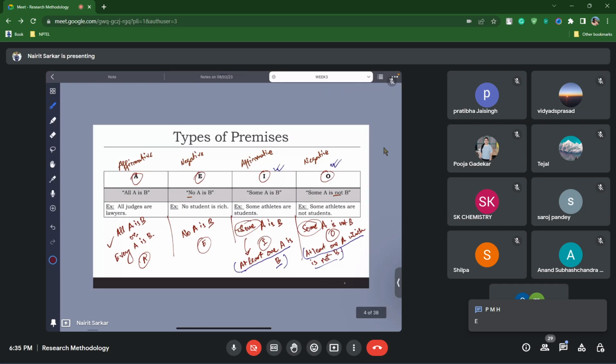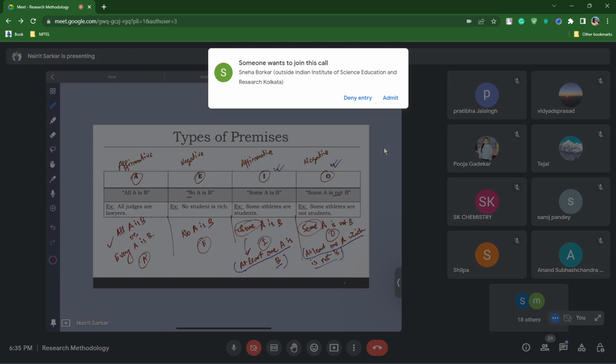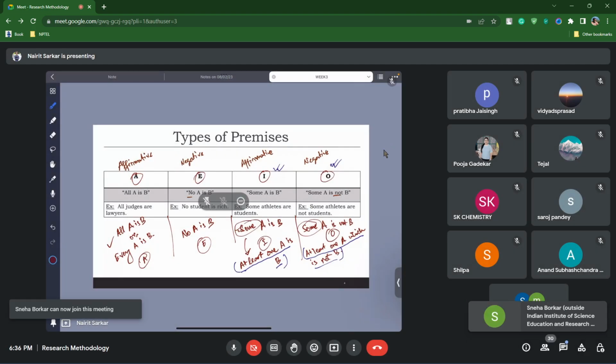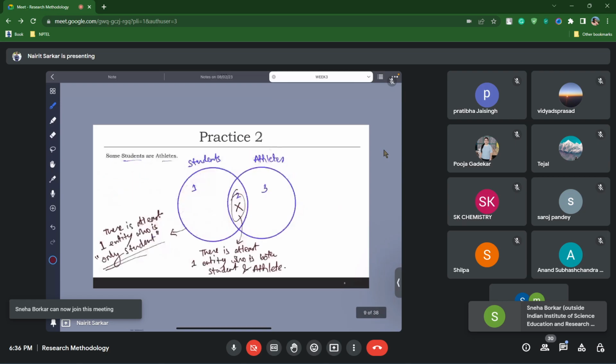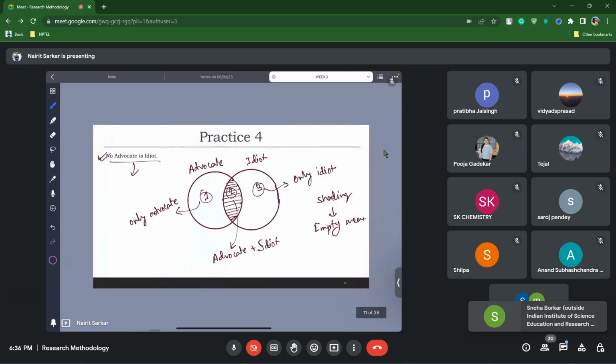See, it is not O. A, E, I, O: all know, some know. The easiest method to remember is all know, some know.